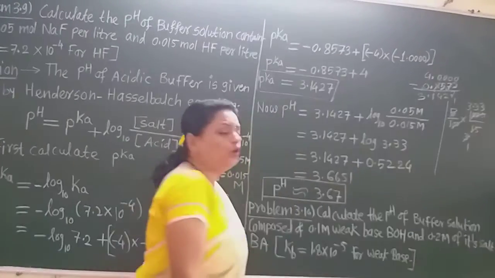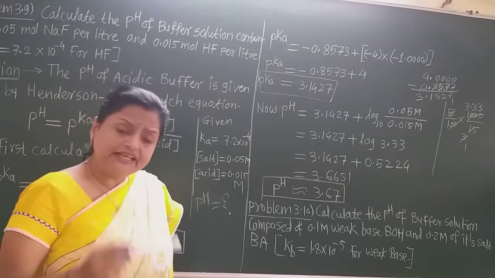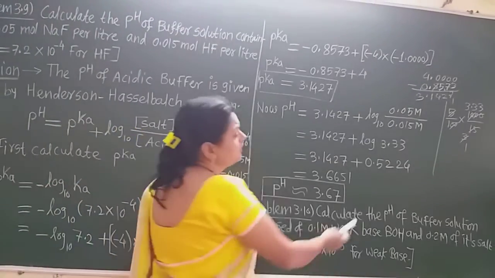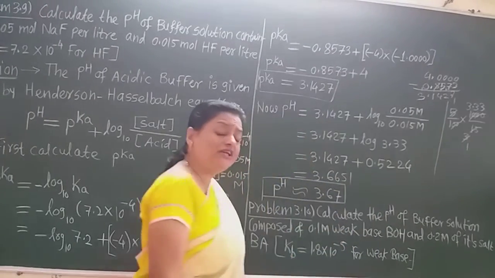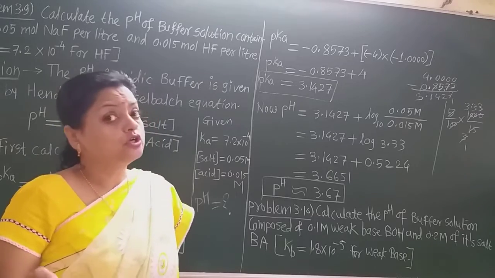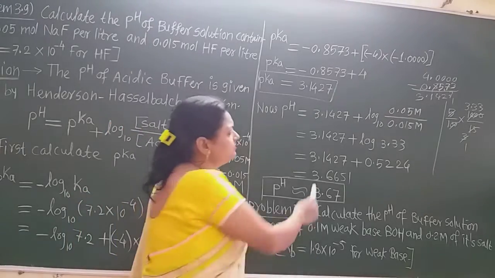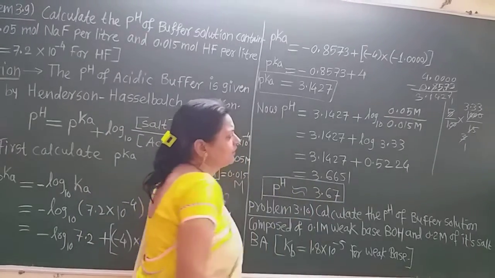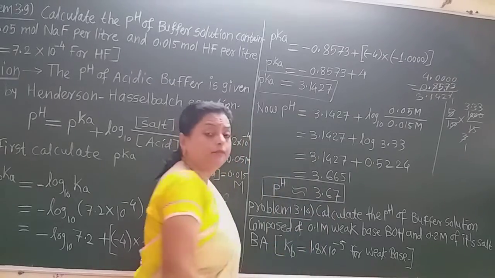Now log of 3.33 means see the log of 33 in 3, and that is 5224. But here, as there is only one digit before the decimal point, so 1 minus 1 is 0, so the characteristic is 0 here. Now just add these two values. After adding, that becomes 3.6651.